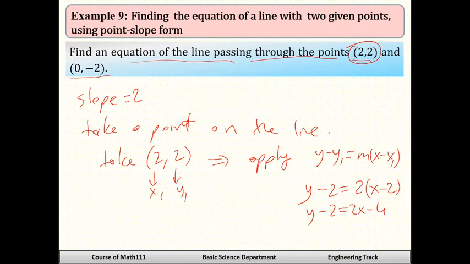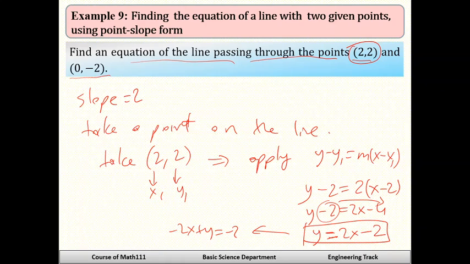And you can write it this way, or you can directly say y is equal to 2x minus, okay, send this one to the other side, minus 2. Or if you want to write the standard form, you can write minus 2x plus y equal to minus 2. You can send this one to the other side, and write it this way.